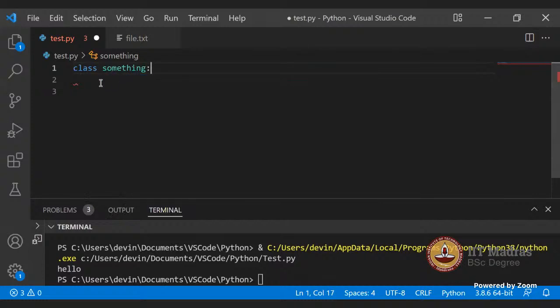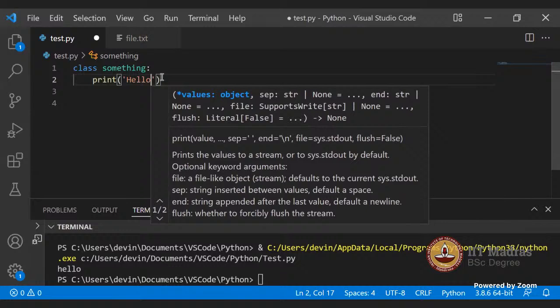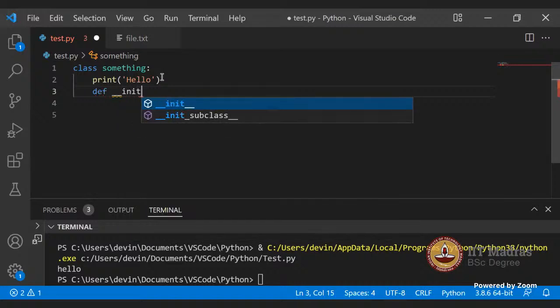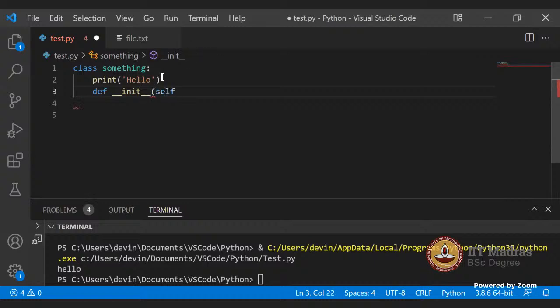Let me define a class. For this class I'll just print hello. Okay, I'm not doing anything, I'm printing hello. Let me define some constructor. It won't take any arguments.